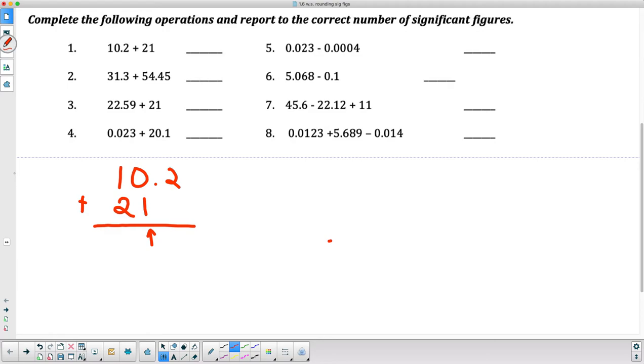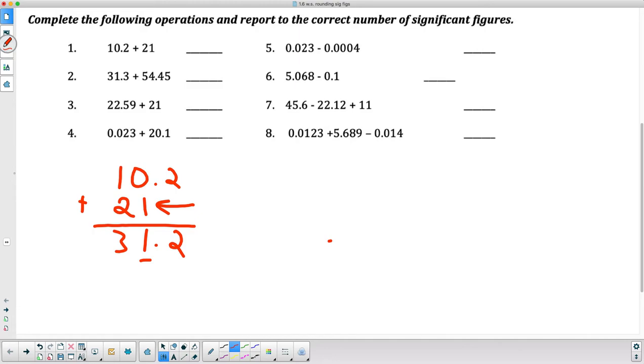So what I'm going to do is add these two together, and when I add them together it's pretty simple. I get 31.2 just like that, and I'm going to round off to the ones place because that's where this is the least accurate. That's what it means when it says the least accurate or the lower place of decimal.